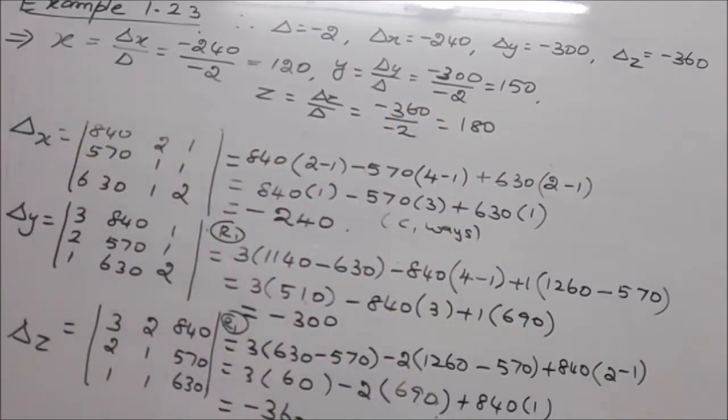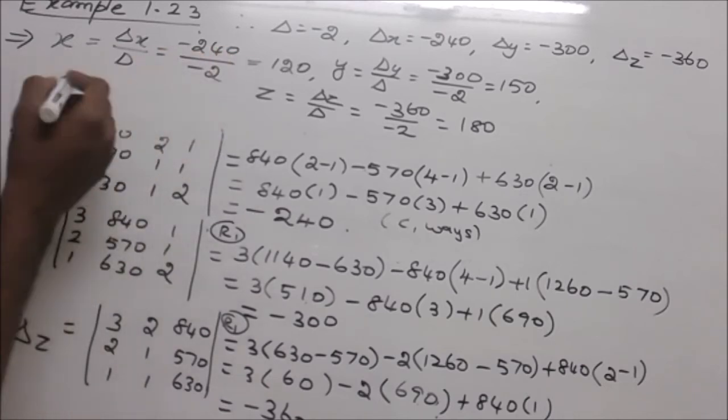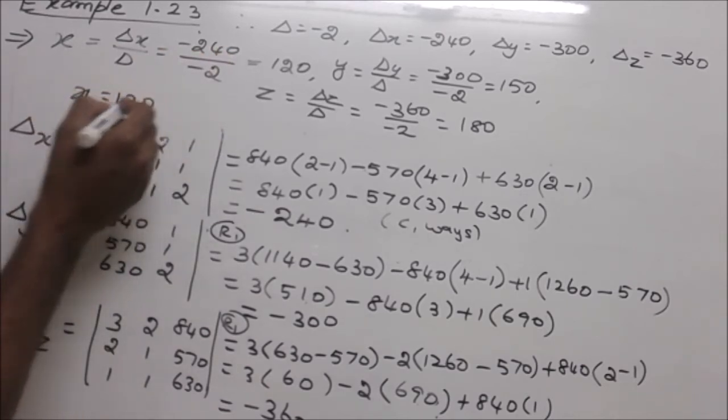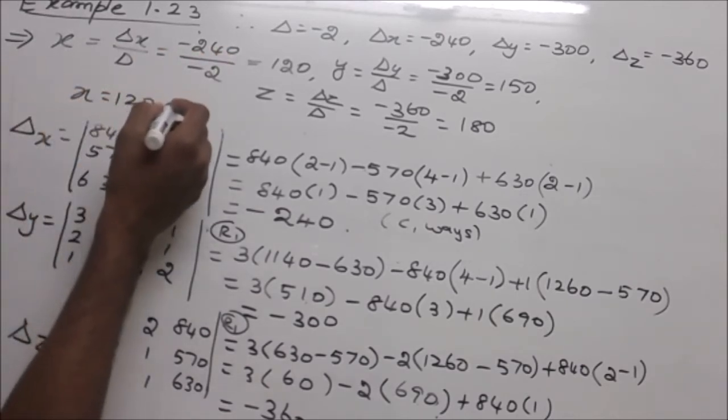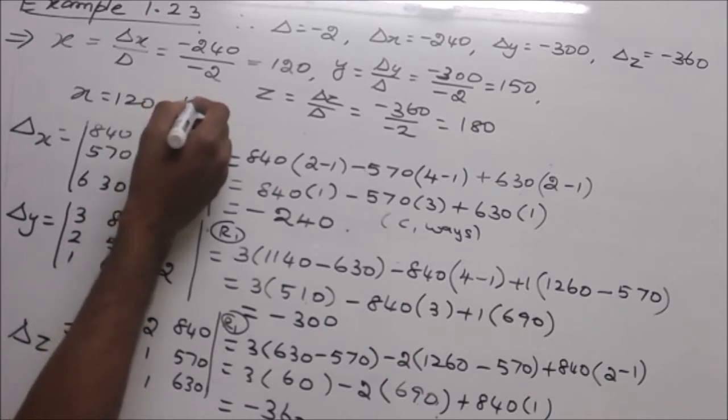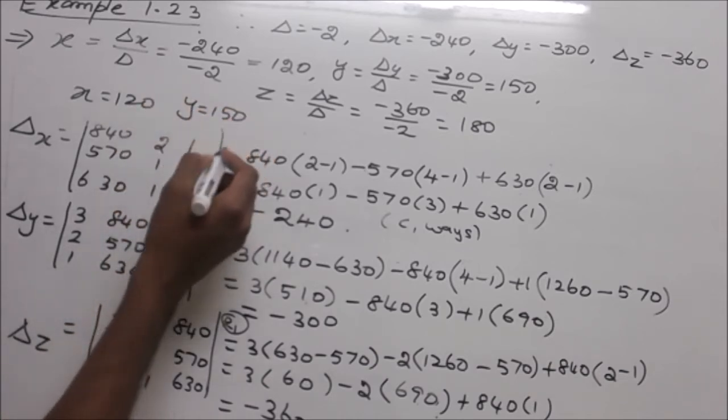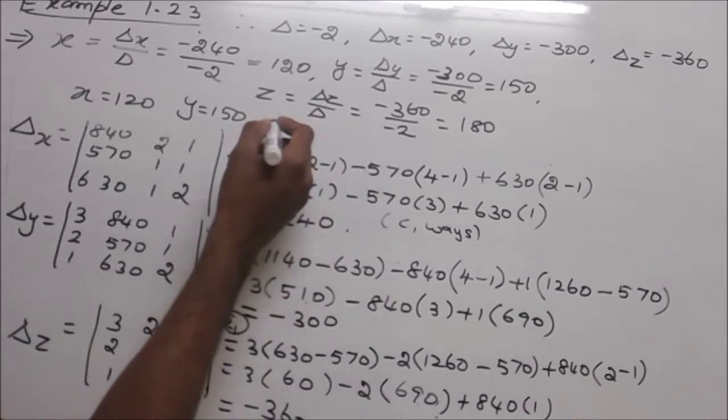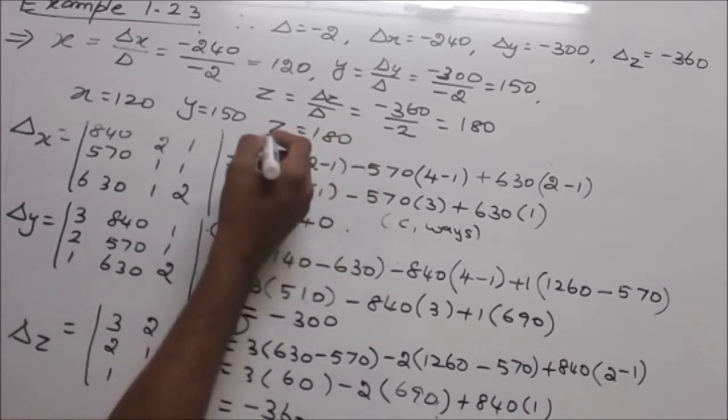Therefore, the cost of one business maths book is 120 rupees, the cost of one accounts book is 150, and the cost of one commerce book is rupees 180.